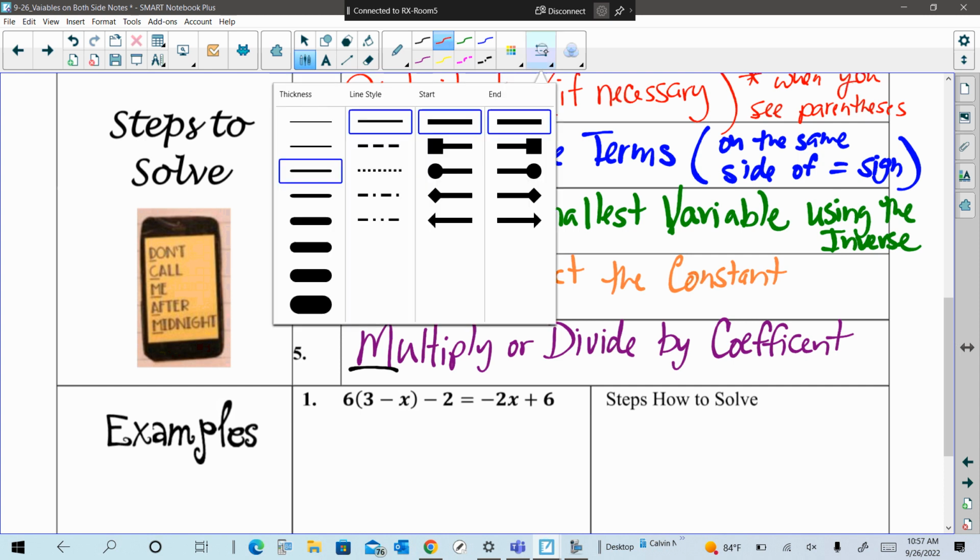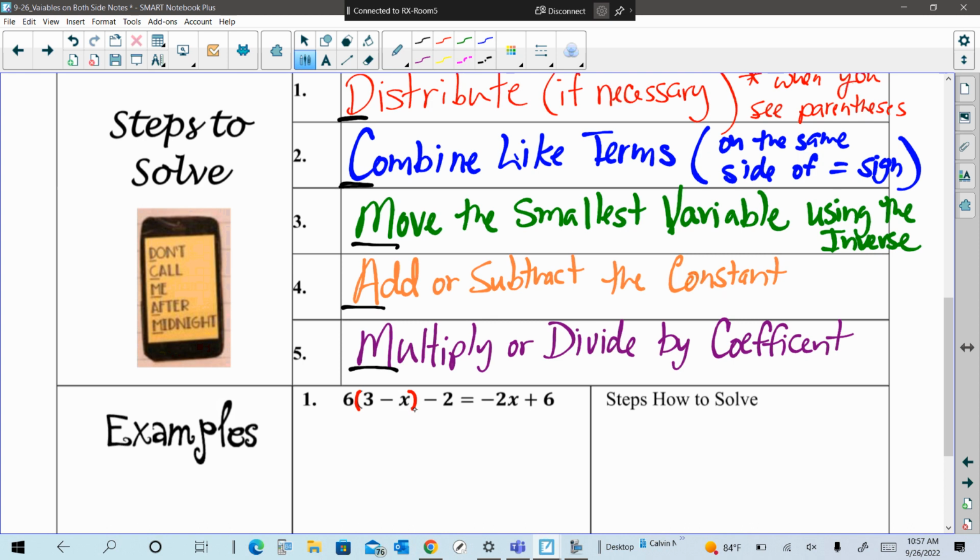Do we have parentheses? Yes, I physically see them right here. And so I'm going to need to distribute the 6. So I'm going to write here to the side, the first thing we're going to do is distribute the 6.